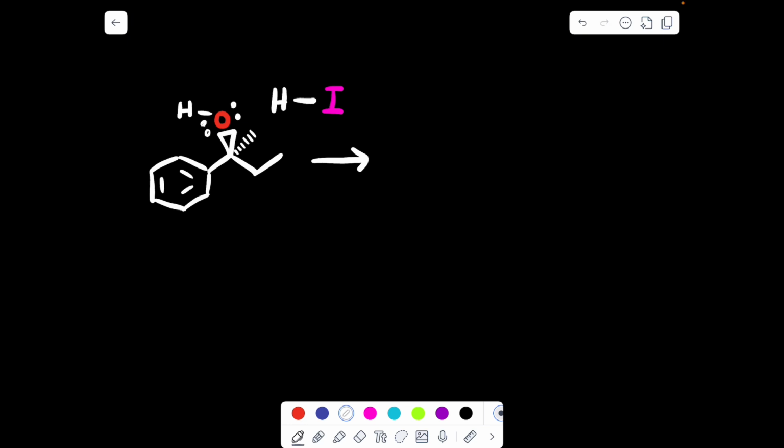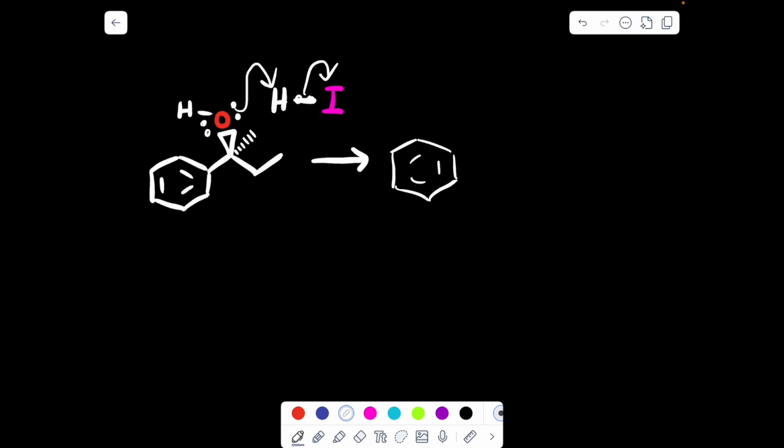So, step 1, the oxygen is going to protonate itself. So it's going to attack that hydrogen that has a delta plus because it is attached to a delta minus halogen. 2 in, 2 up. The halogen is going to leave and it is going to become anionic. So later it is going to be our nucleophile.